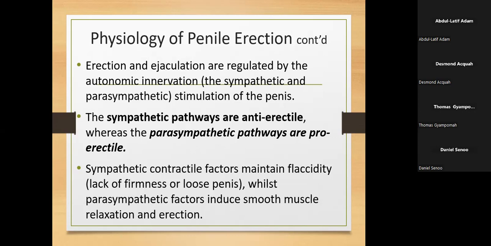Because the parasympathetic factors promote relaxation, they will also promote the arteries to be relaxed. When the arteries are relaxed, it gives way for a larger blood volume to flow into the penis, and that will cause it to become erect.